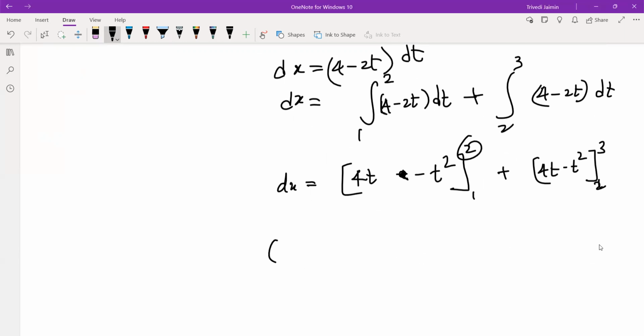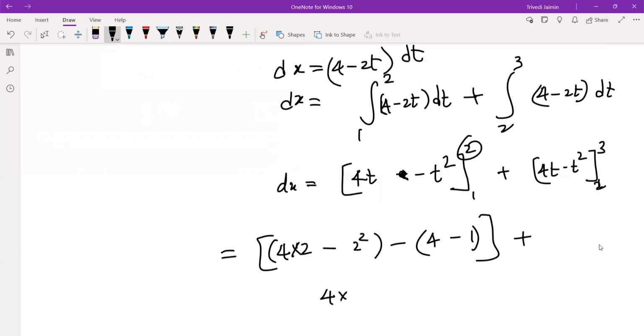So it will be 4 into 2 minus 2 square minus 4 minus 1. This is for the first one. Plus 4 into 3 minus 9 minus 4 into 2 minus 4.